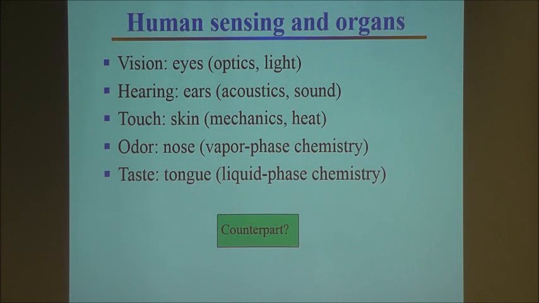The robot needs to feel an object before it tries to lift it. So tactile sensing and a skin type of mechanism, which we take for granted in human behavior, is very important. Odor, noise, vapor phase chemistry is another one which is important. And then taste, you have your tongue, liquid phase chemistry.